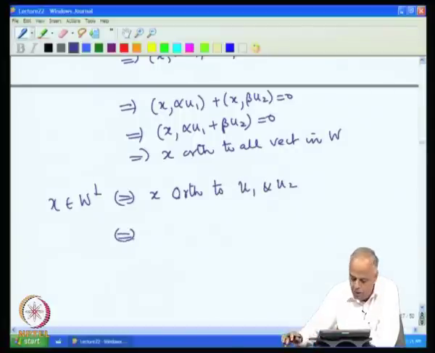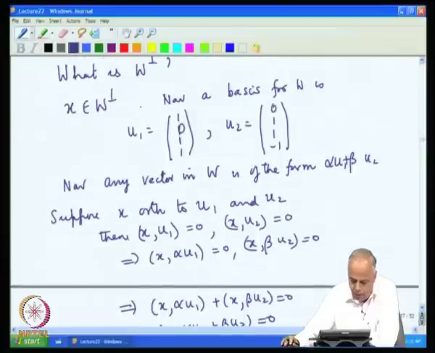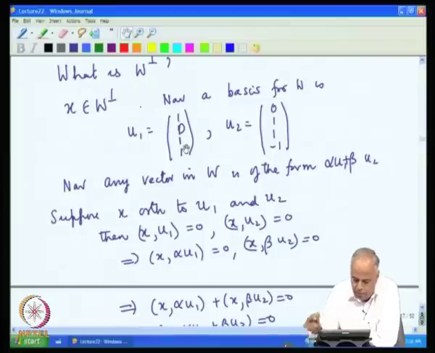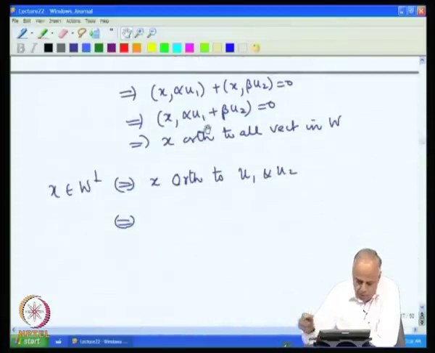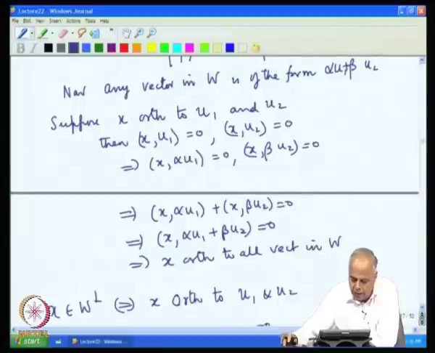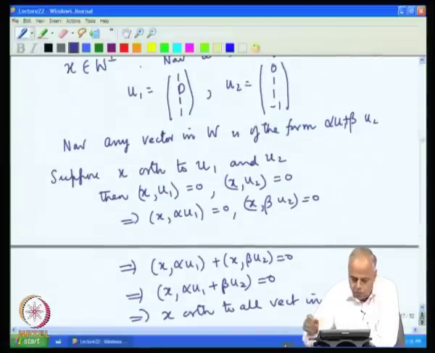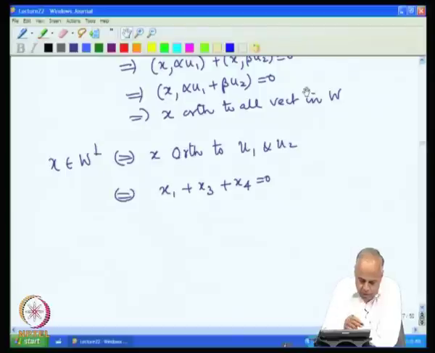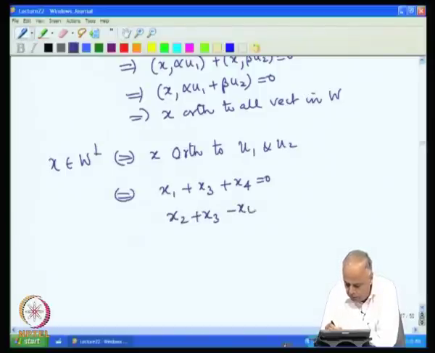Orthogonality with u1 means x1 plus 0 times x2 plus x3 plus x4 is equal to 0, so x1 plus x3 plus x4 is equal to 0. Now, the orthogonality with u2 will give me x2 plus x3 minus x4 is equal to 0.